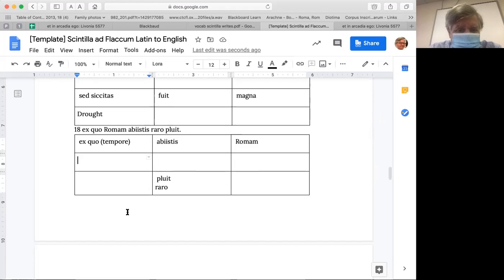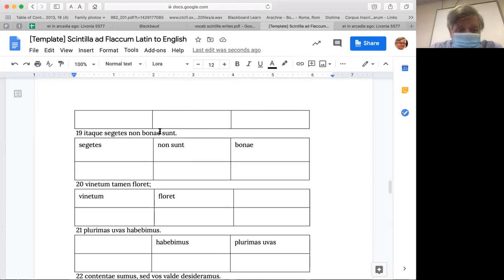18, ex quo, same as before, ex quo tempore, since, abistis. So she said before, abierant, since they had gone away. So now she says, since abistis, you have gone away to Romam, comma, raro pluit, it rains infrequently.